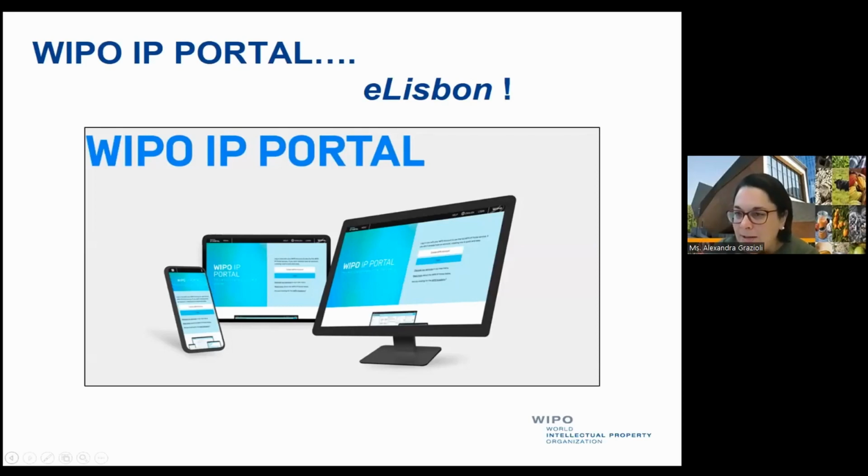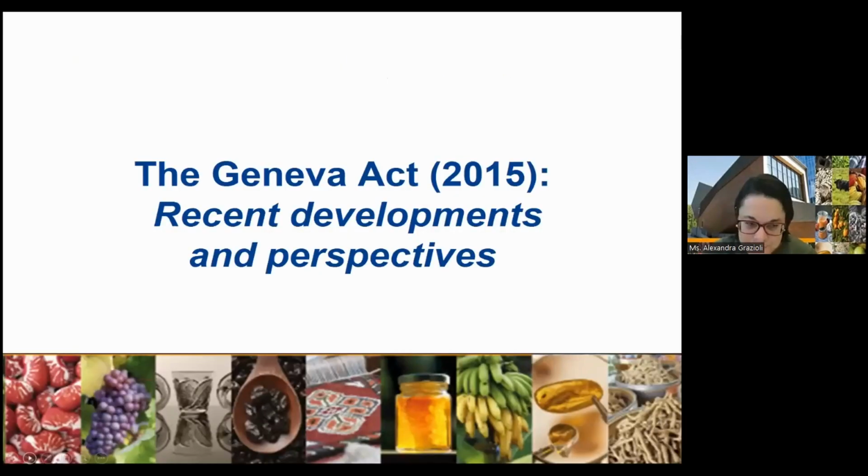But within that platform that we will slowly open to all competent authorities, there is also the possibility to manage the portfolio of national registrations, but also the portfolio of registrations from third countries that the member of the Lisbon system is protecting on its territory. So we really hope to facilitate the life of our authorities with that electronic tool.